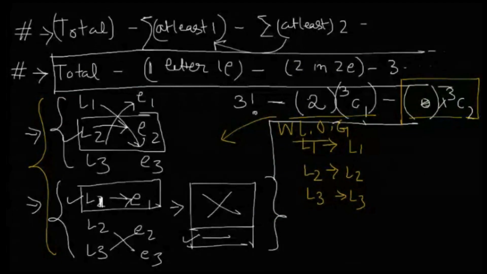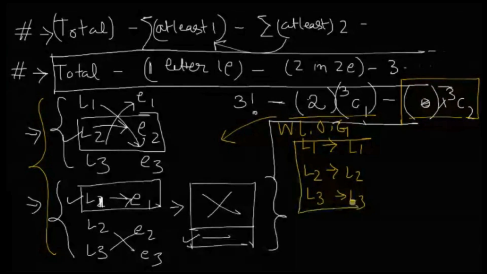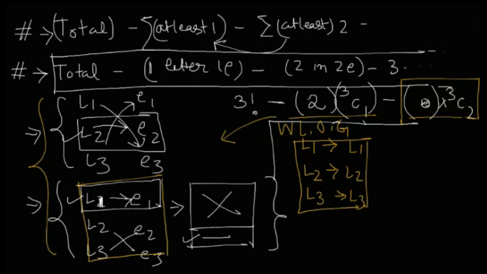So don't you think this case already appears here? Yes. In one of the cases, it appears here, right? L1 is in E1, but L2 had 2 choices, either E2 or E3. If I move it to E3, I am right. But what if I move L2 to E2? Because this is one of the choices. That's why I'm multiplying by 2.